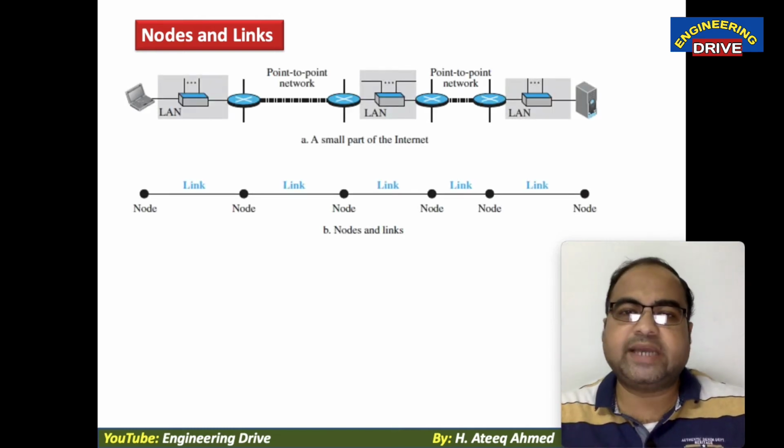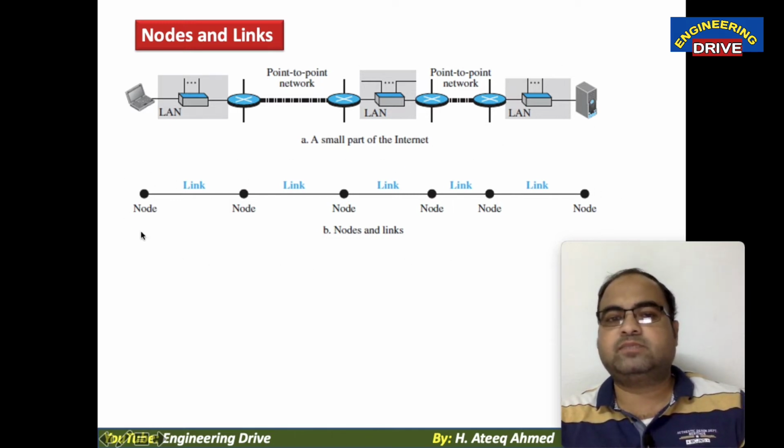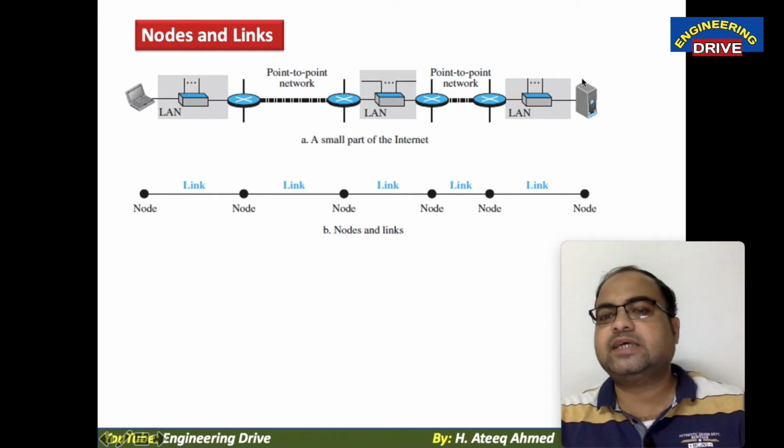Now let me show you this diagram. You can see this is an in-depth diagram of a small part of the internet, and how we can summarize this small part of the internet into this diagram, which is nodes and links. This is an abstract view. Here this is a source and this is a destination, or we can call this a sender and this a receiver.